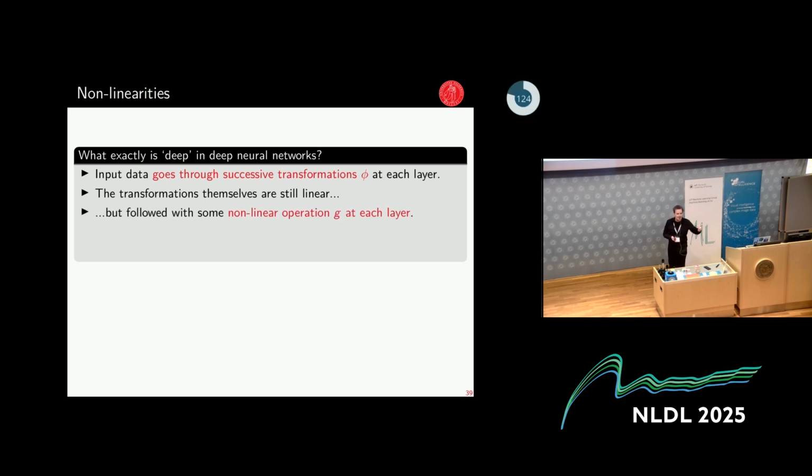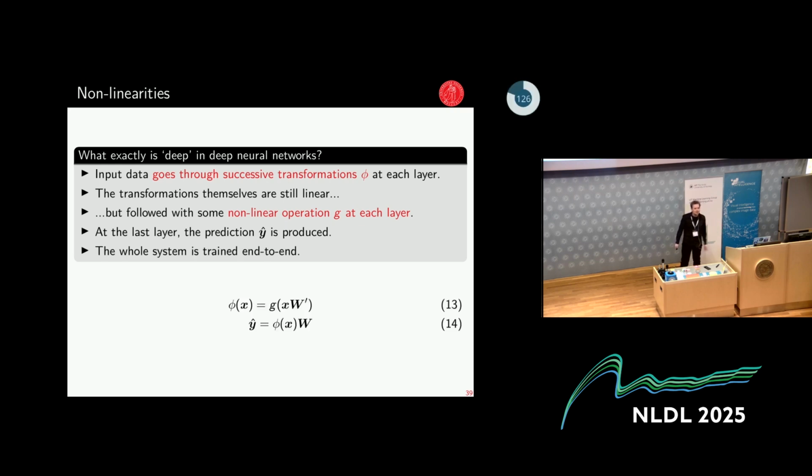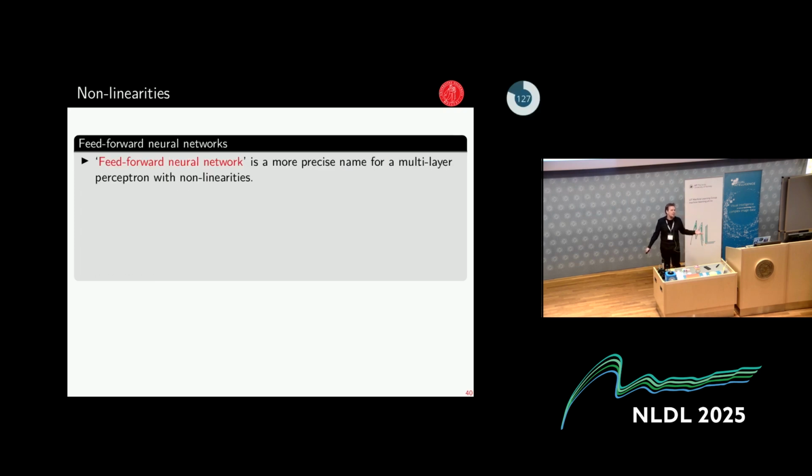The transformations themselves are linear, but they're followed by non-linear activation functions at each layer, and they can be different at each layer. So some architectures use different non-linear transformations at each layer. And at the last layer, we produce the prediction. So that's your deep learning system.